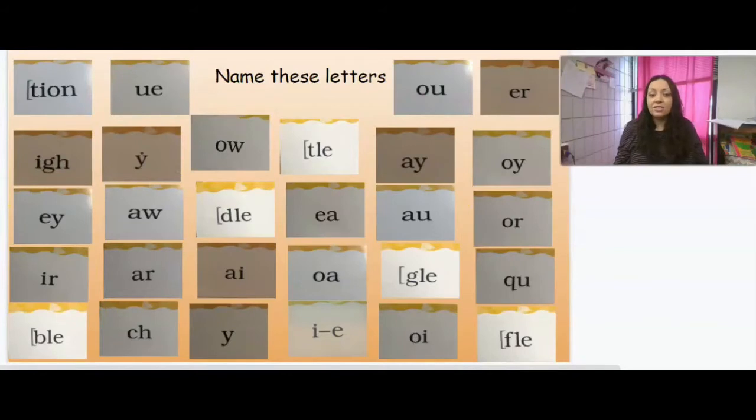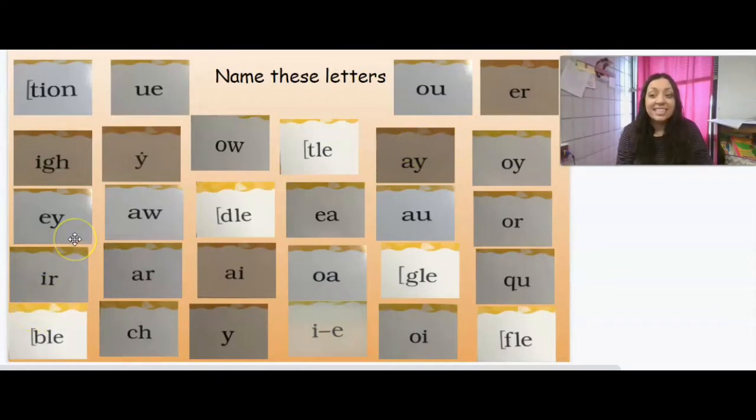All right, let's go ahead and start with our letter name cards. Are you ready? So I have final syllable T-I-O-N. Then I have digraph U-E, diphthong O-U, combination E-R, trigraph I-G-H, vowel Y, digraph or diphthong O-W, final syllable T-L-E, digraph A-Y, diphthong O-Y.